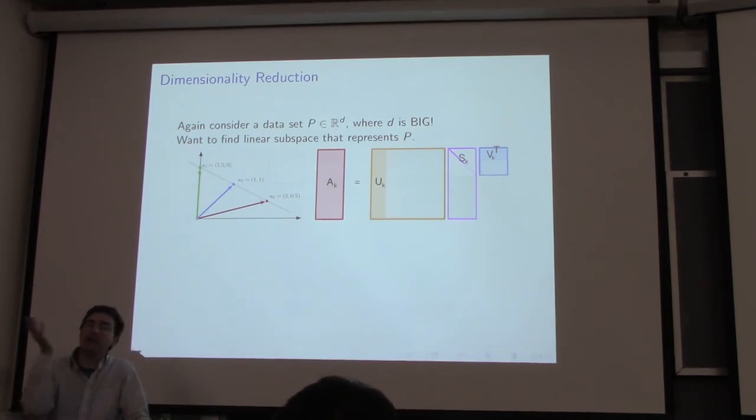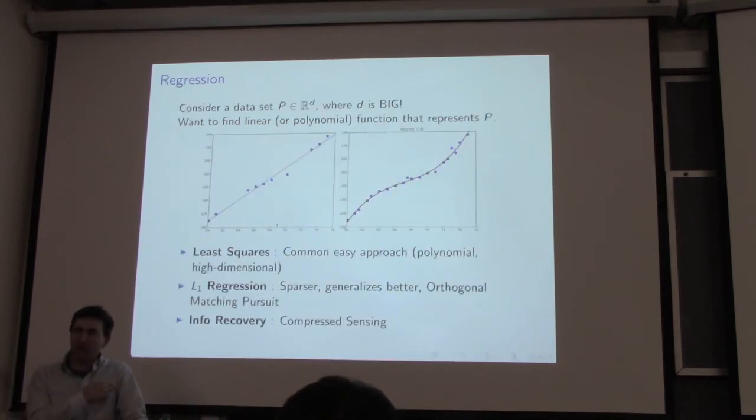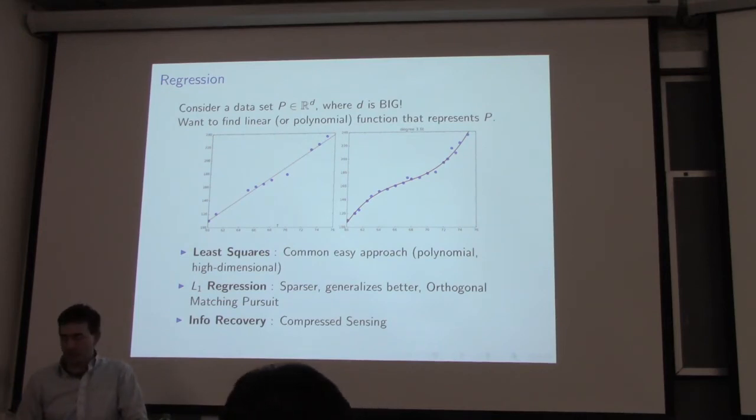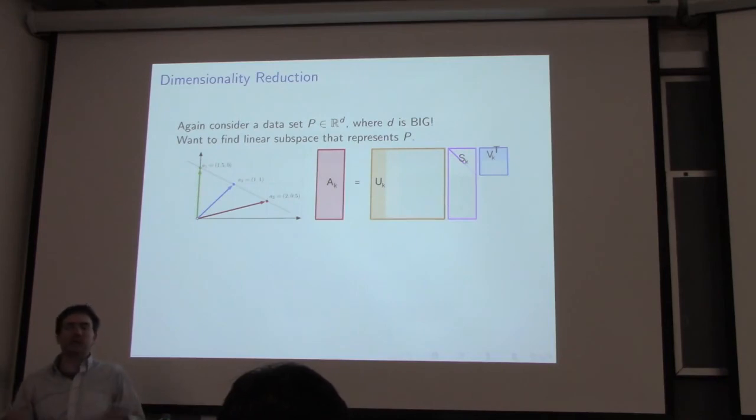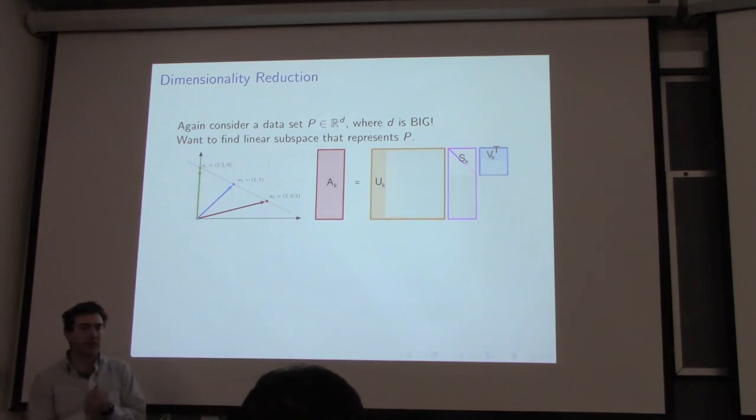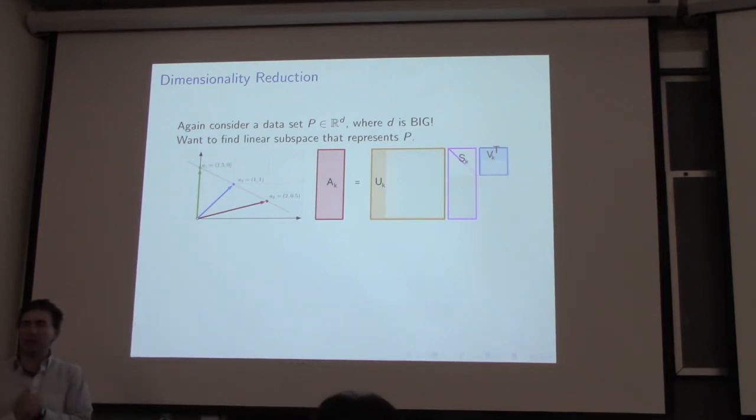So I say I don't really need all those dimensions, and even without knowing the labels. For regression, this only worked if I had a label, and everything is about trying to preserve the prediction of this label. In dimensionality reduction, I don't have this to aid me. So I just want to keep as much structure as possible in this data without knowing anything about the label.